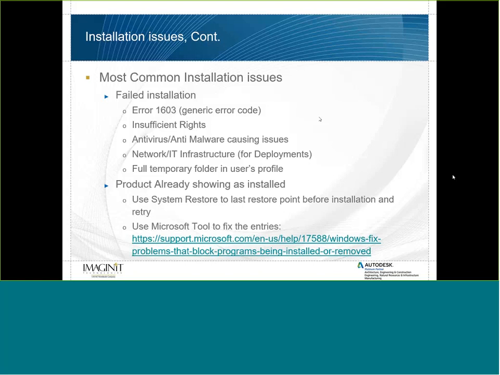It'll give you a list. You should be able to find those programs in the list, and it will remove those registry keys. It's fairly good. It works most of the time. Sometimes we end up having to go into the registry manually and start deleting keys. That's a very time-consuming process, and if you make a mistake, it can cause further problems. So we generally try not to do that on a regular basis.